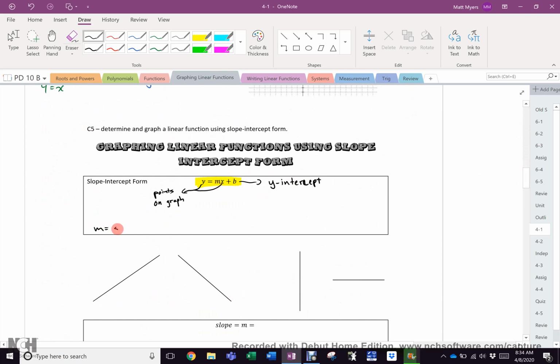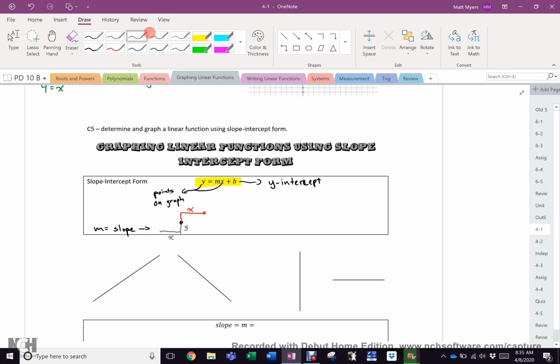M equals the slope. Now slope, we remember, can only happen if our point goes up and to the right, so we change our y and our x value, or if we go down and to the left, we change our y and we change our x value.